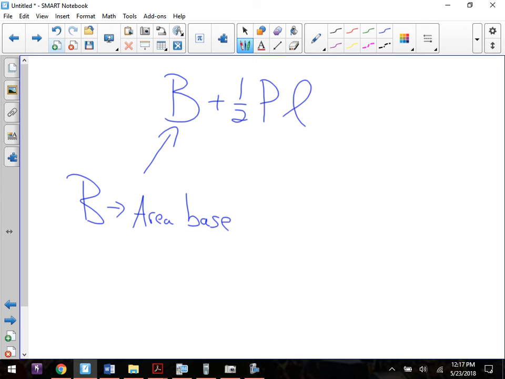The base is the one that has exactly 2 of if it's a prism, or exactly 1 of if it's a pyramid. The P value is the perimeter. And how do you find the perimeter? Well, you add up all of the side lengths of the base. And then that L was the slant height.